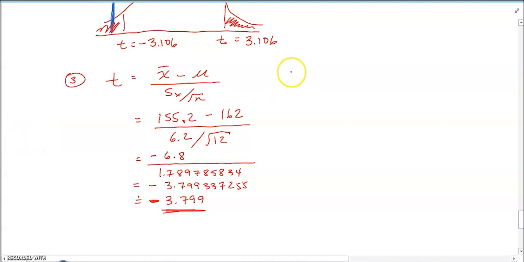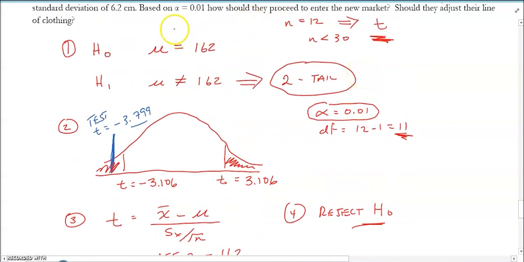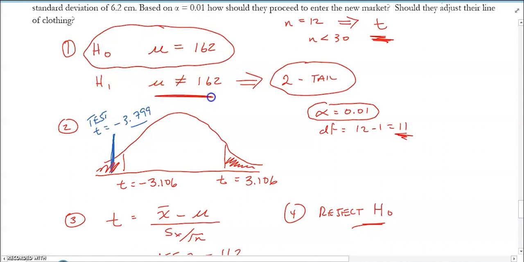So let me just put this here, reject our null hypothesis. And once again, let's just revisit that. We are going to reject this statement, and we're not going to reject this statement. In other words, we're going to assume this to be true unless we get other evidence. So we can say the mean is not equal to 162 centimeters.